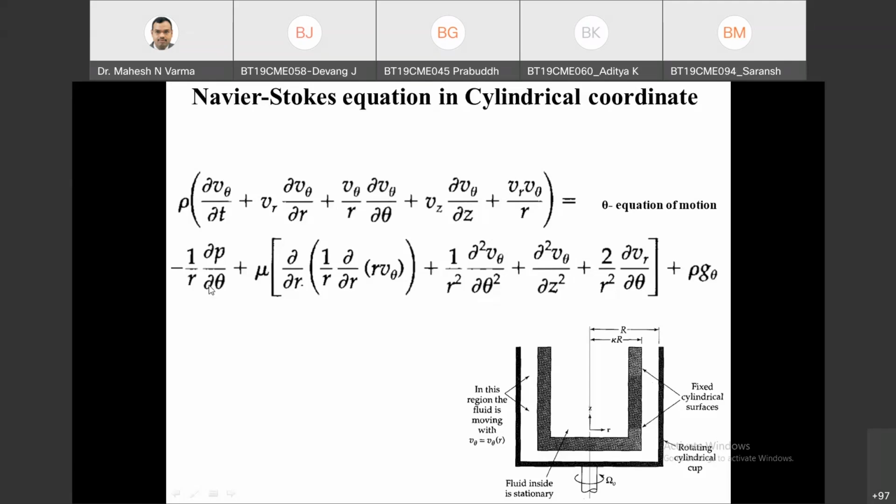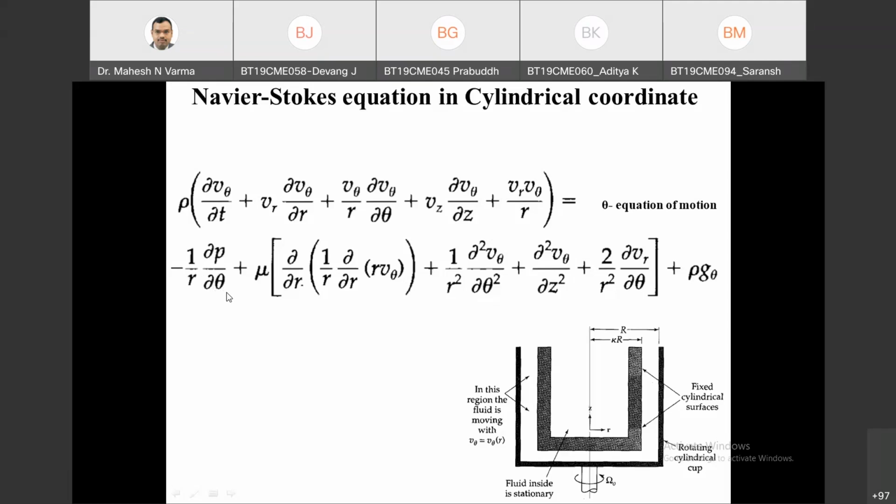So how about this term? Sir, it will be 0 as pressure is varying in r direction only and not in theta direction. Why is pressure not a function of theta direction? Because, sir, in theta direction there is no force, so no pressure.